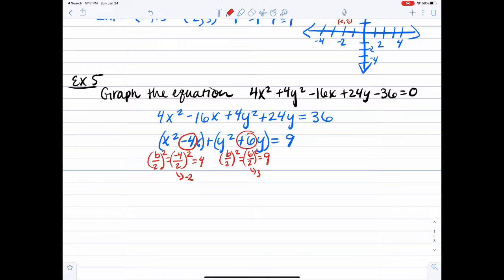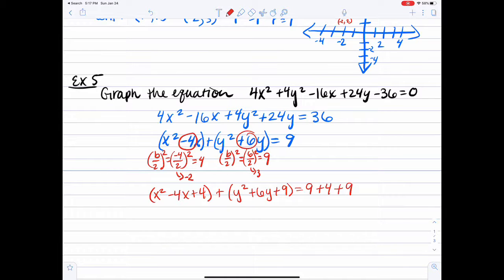Okay, so we need to add that to both sides. So we need to rewrite this side as x squared minus 4x and then add our 4. And the same with the y. Add our 9. And then we cannot forget to also add both of those things to this side over here.